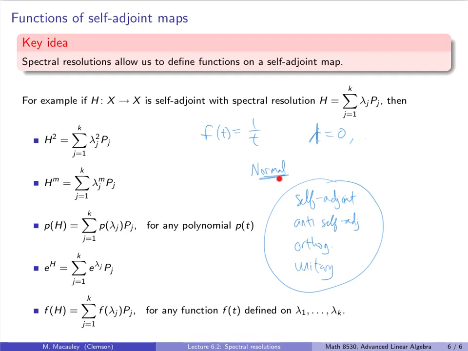And normal linear maps is going to be a larger class that's going to encompass all of these. So it's really going to get at what is the technical requirement that is allowing there to be an orthonormal basis of eigenvectors and allowing all of these results that follow from this to hold. So a lot of the things that we have been proving for things like self-adjoint maps or orthogonal maps are going to hold more generally for normal linear maps. So be sure to stick around for that one.